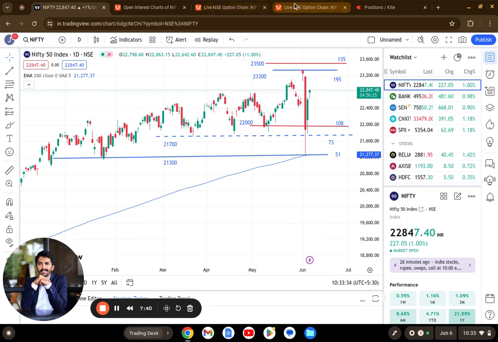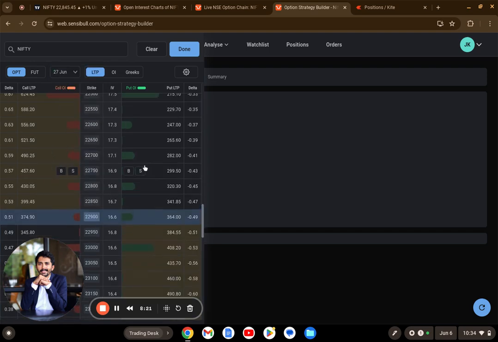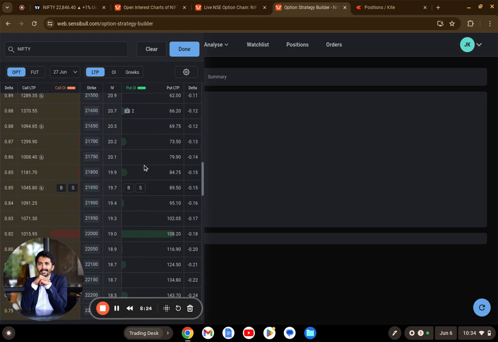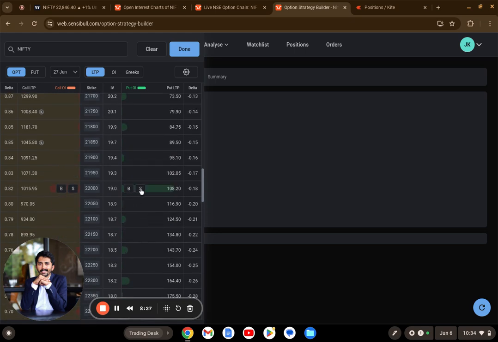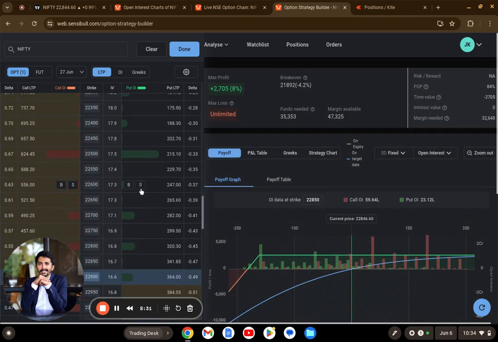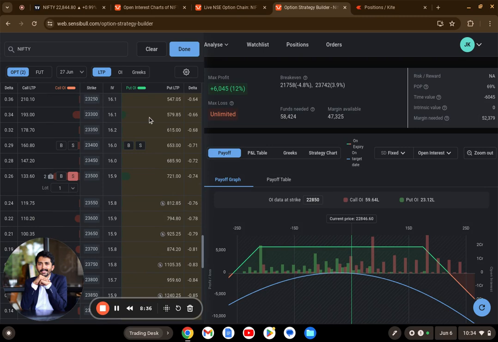Now we just basically enter expiry, change it to 27 June, and then our points where first one was 22,000, sell that, and on top we had 23,500, right?